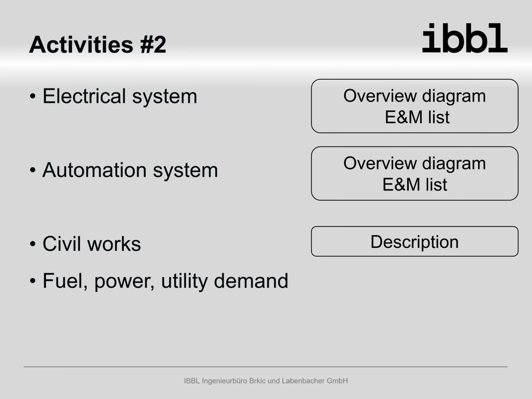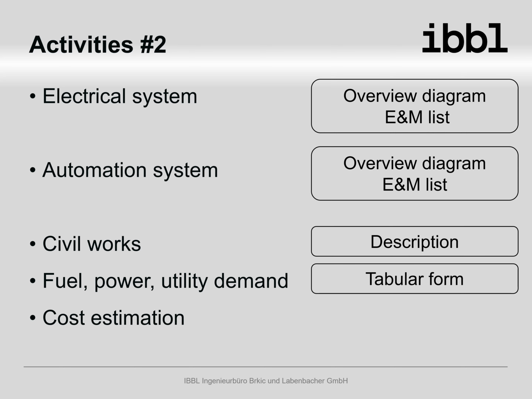With already established data, the fuel, power and utility demand can be calculated. This is necessary for estimating the operation cost. The demands are documented in tabular form. For the investment cost calculation, the costs of engineering, equipment, civil works, erection, commissioning, project management and so on are calculated and combined.